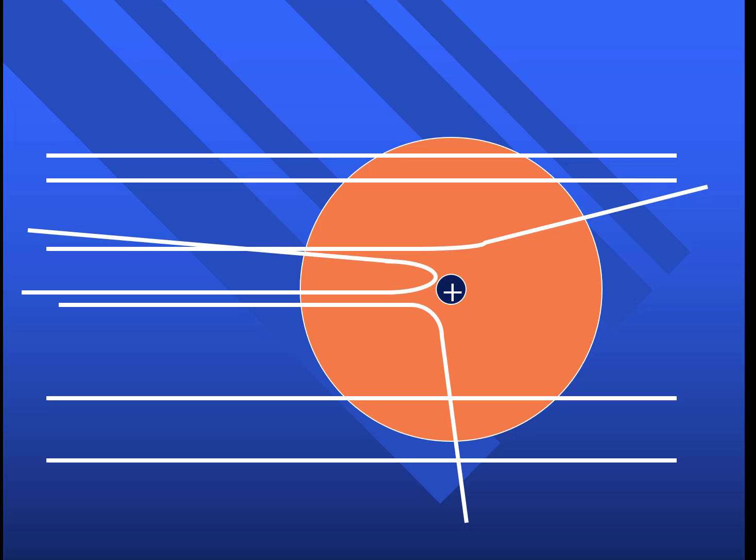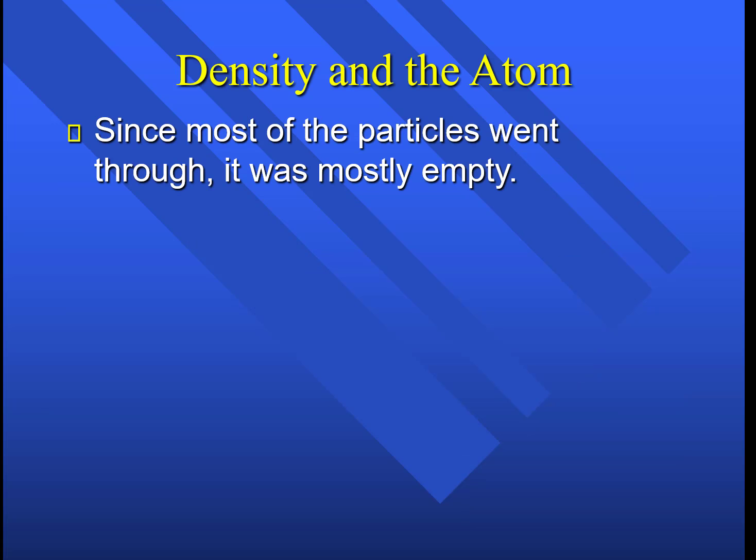Atoms are mostly nothing. You are mostly nothing. You're mostly empty. Okay. Since most of the particles went through, it was mostly empty. Why'd they go through? They didn't hit anything.